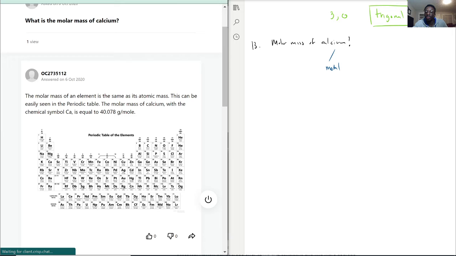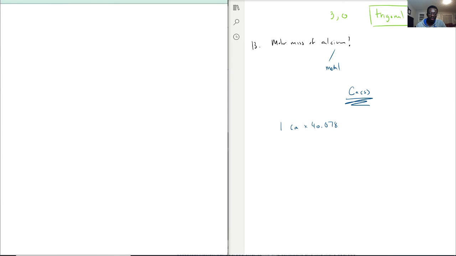And because it's a metal, typically when you see it in nature, calcium just looks like that. It's a calcium solid by itself. The reason why this is important is because in this case, the molar mass is still the atomic mass of its constituents, but all we have for its constituents is 1 Ca times 40.078, I believe. Let me double check.